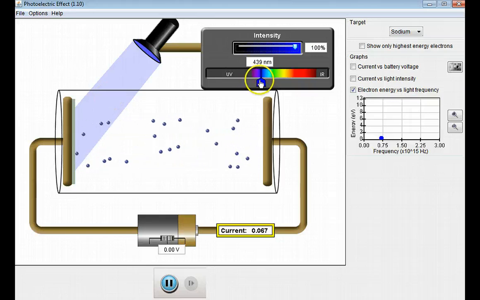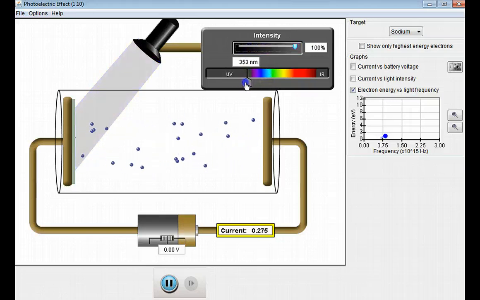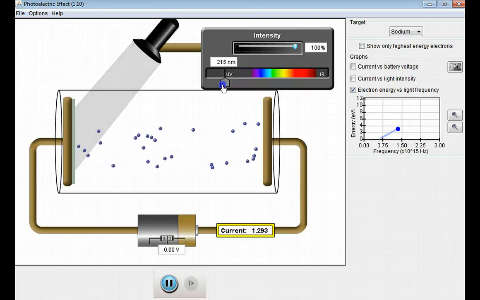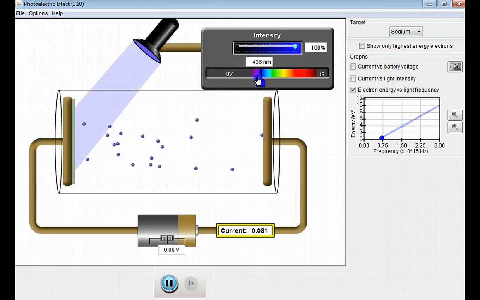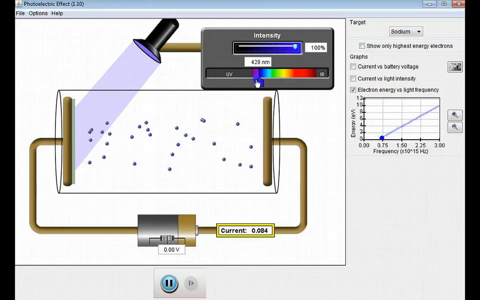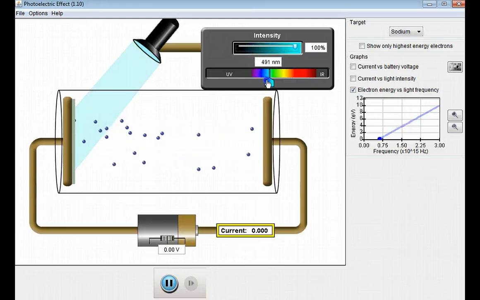As I increase the frequency, you'll see that the energy of the photoelectrons increases linearly. And similarly, as I decrease the frequencies to lower and lower frequencies, the electron energy decreases until you reach this special point right about here, and suddenly you'll notice that there are no photoelectrons being ejected.